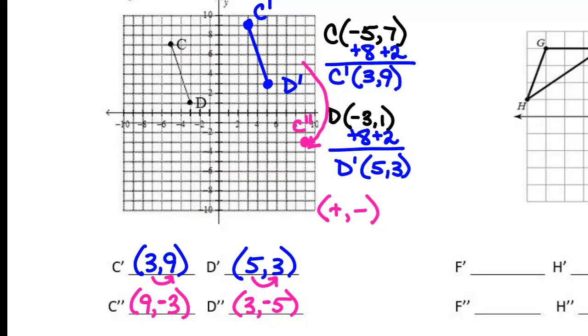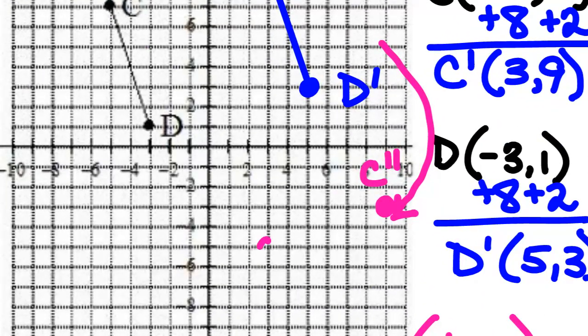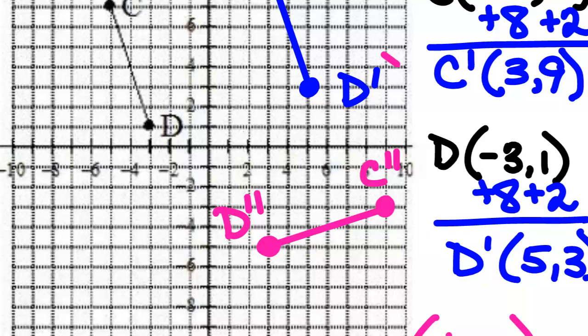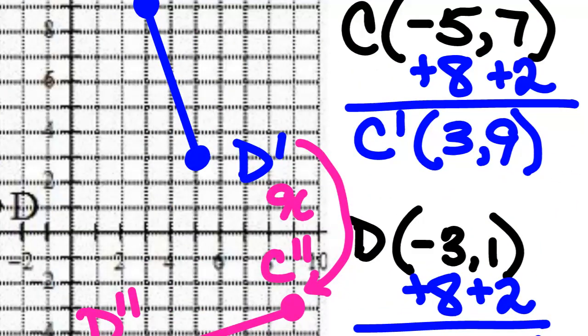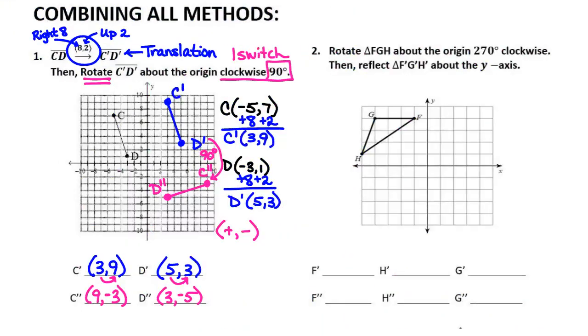And 3, -5 puts my D double prime right here. And then I'm going to connect those together. Nice job.